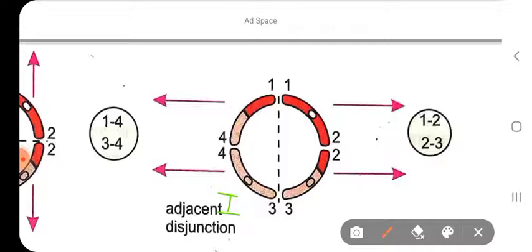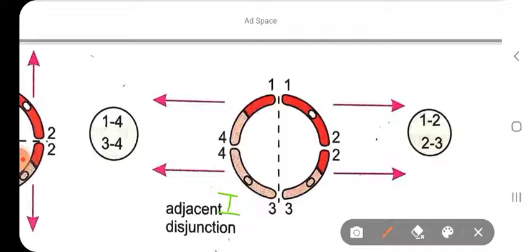So again I am repeating what happens. Unlike the above alternate segregation, where the normal chromosomes move to one pole and the translocated chromosomes move to the opposite pole, so all the gametes are viable, in adjacent segregation each translocated chromosome and normal chromosome move to the opposite poles.